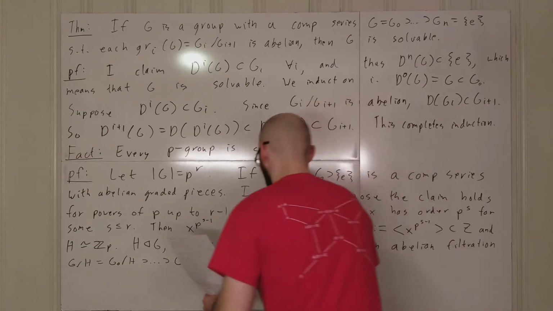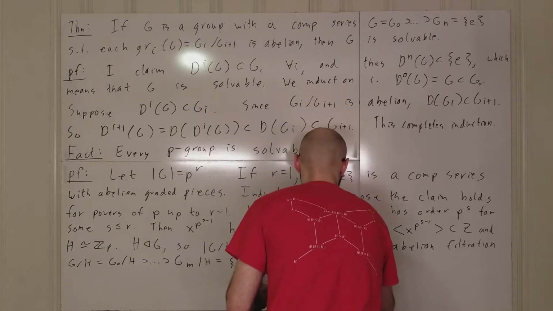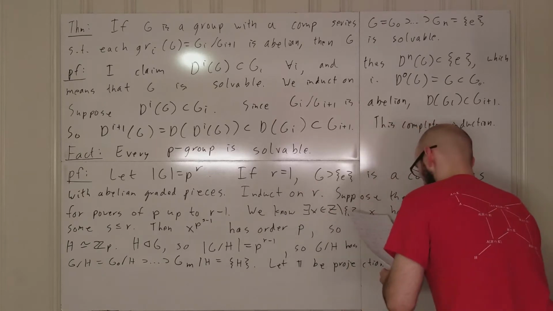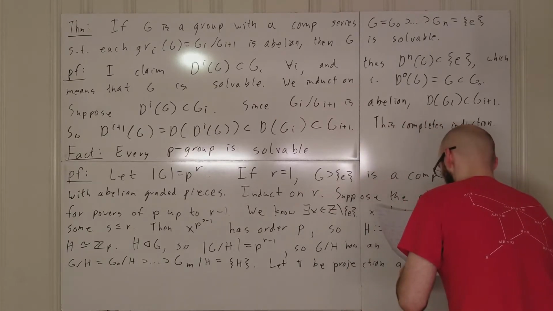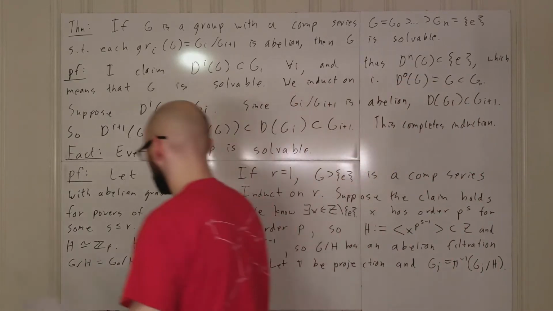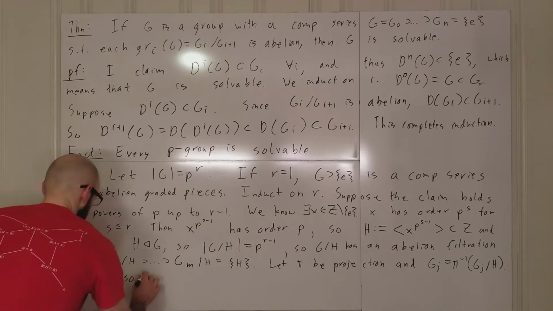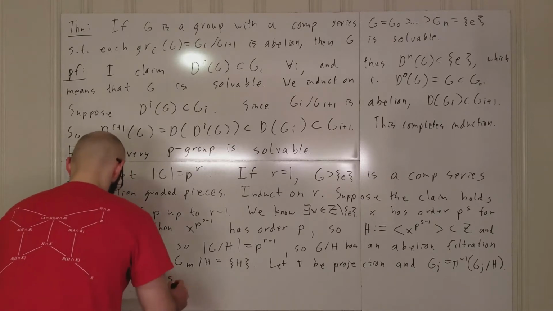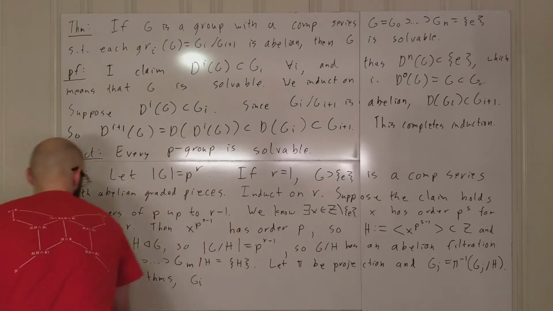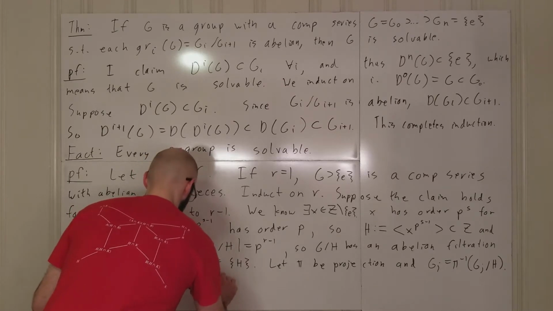Okay, so let pi be projection, and let's let Gi be inverse projection of Gj mod H. By the isomorphism theorems, we have, we're using J's here, I guess, Gj plus 1 is going to be normal in Gj.